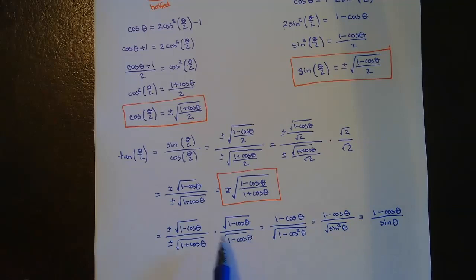All right, if I do something very similar, and instead of multiplying by 1 minus cosine theta over 1 minus cosine theta, actually, heck, let me do it. Plus or minus, we're going to start with the same thing. Instead of this version of 1, I'm going to do this version of 1 plus cosine theta.